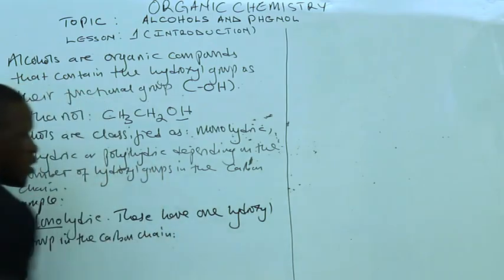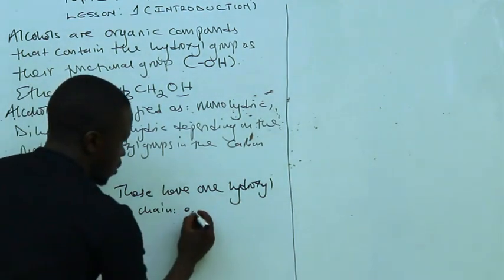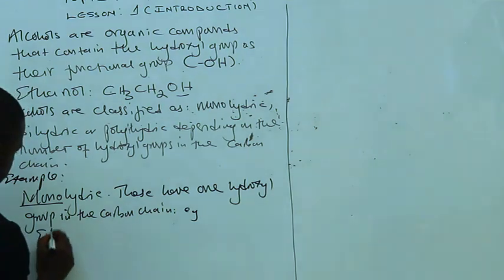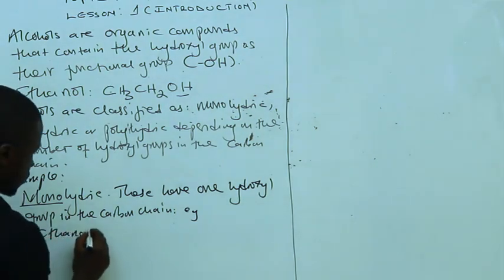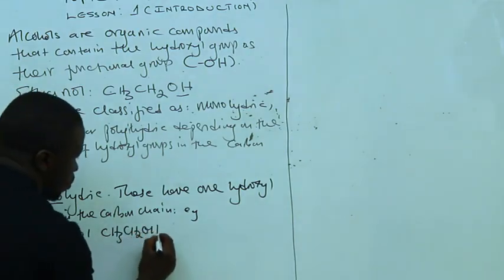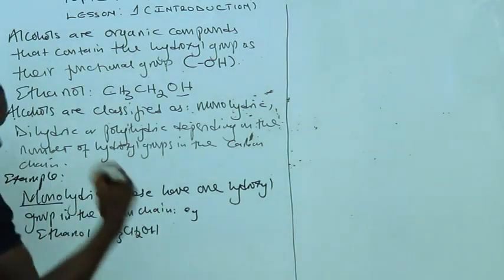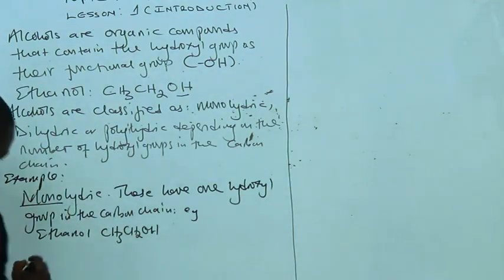And these are very common. So you will get an example, ethanol, CH3, CH2, OH. That is one example. We shall be seeing more of this. Then we have the other category.